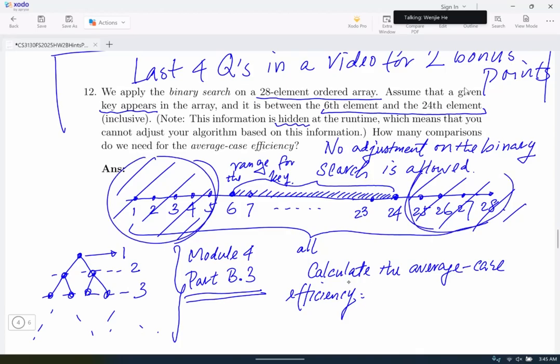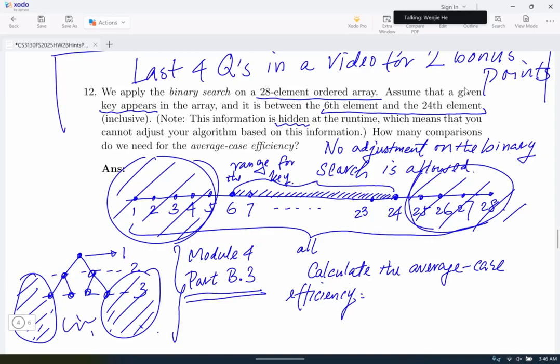So on your binary tree, remove all those nodes that do not participate in the calculation. Then, in the remaining part, you count the number of nodes in each level.